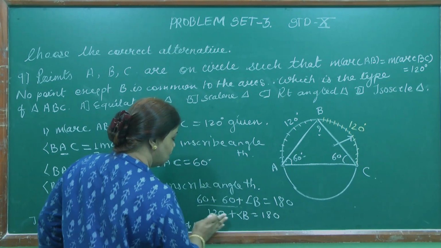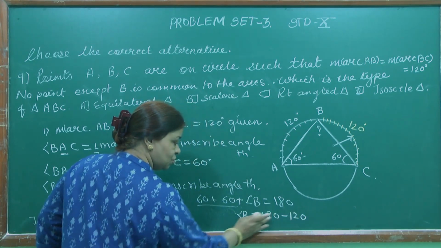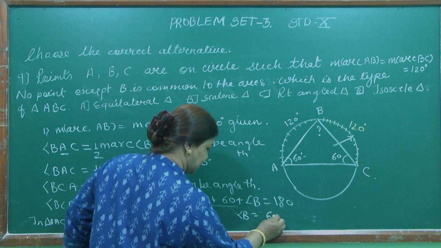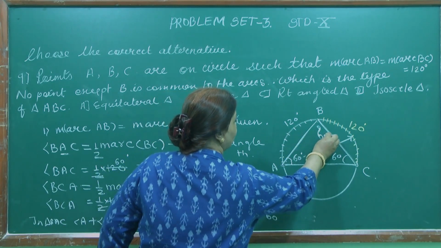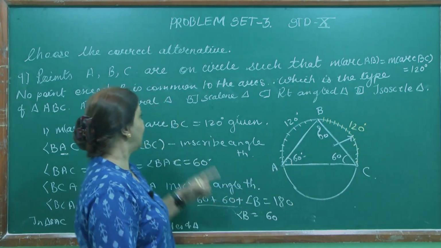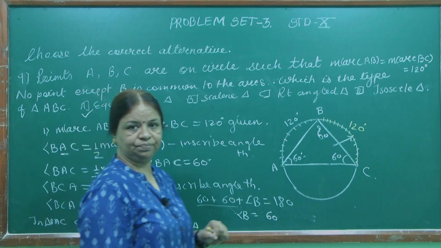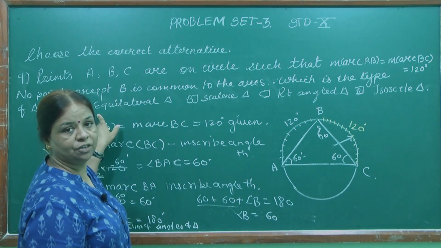Now 120 will go to the other side as minus 120. So if you subtract you will get 60 degrees. So each angle is 60 degrees children. So it is nothing but an equilateral triangle. So option A is the correct option children.